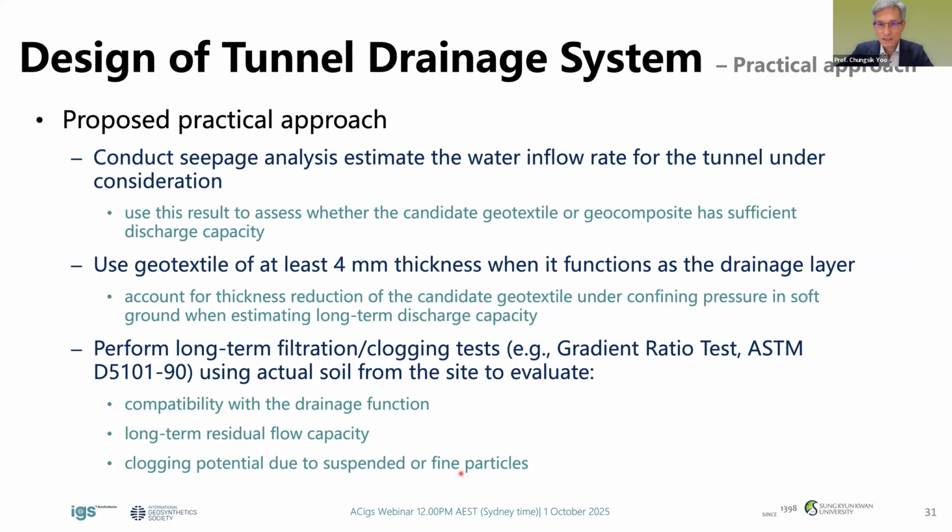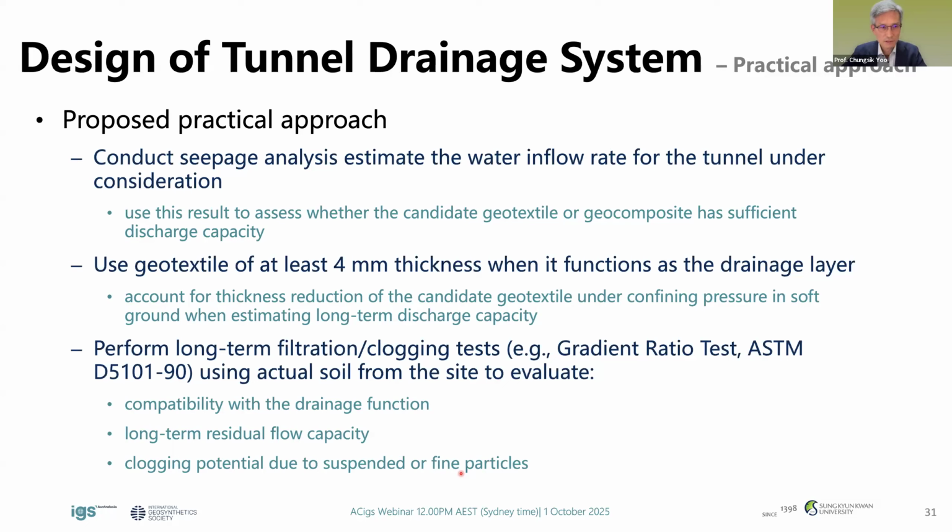So finally, this is the proposed practical approach. For a tunneling problem, first, either you or other design engineers should conduct the seepage analysis to estimate the water inflow rate for the tunnel under consideration.